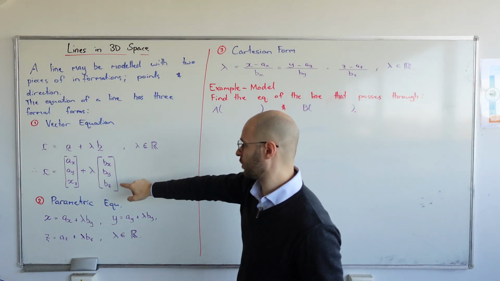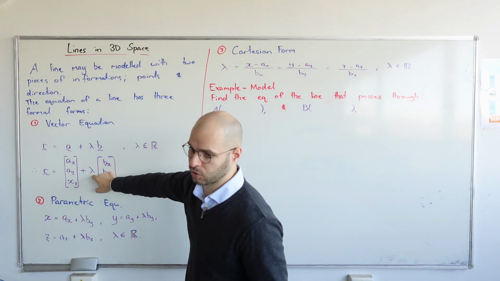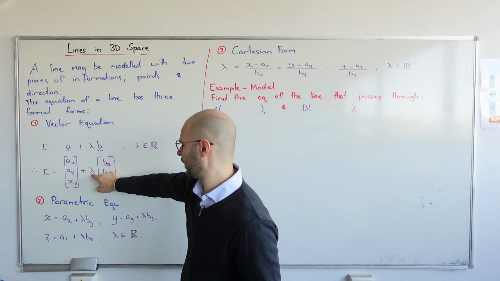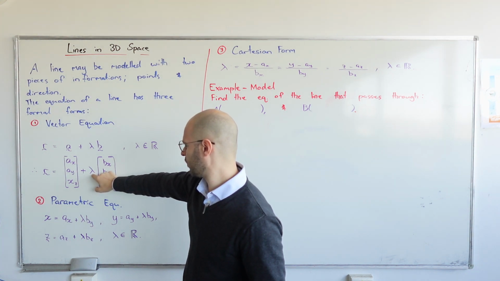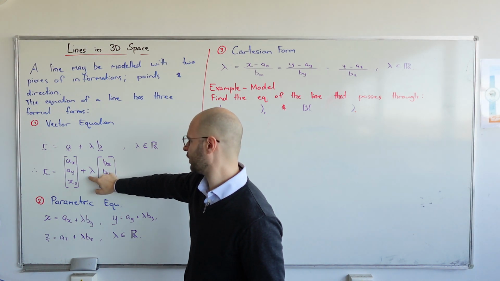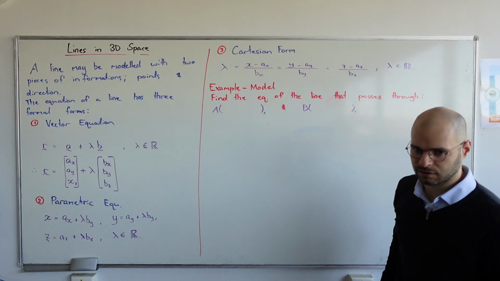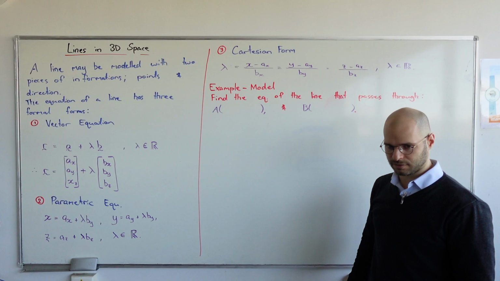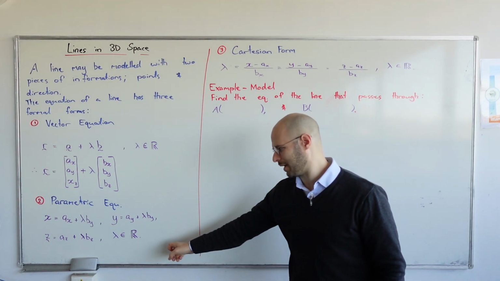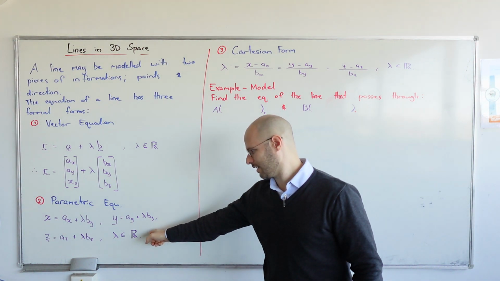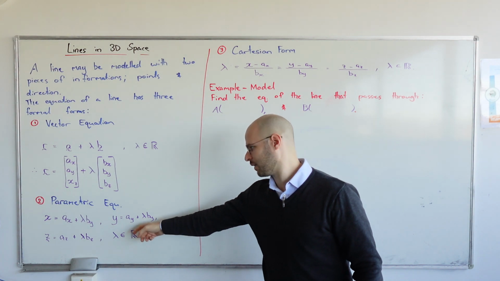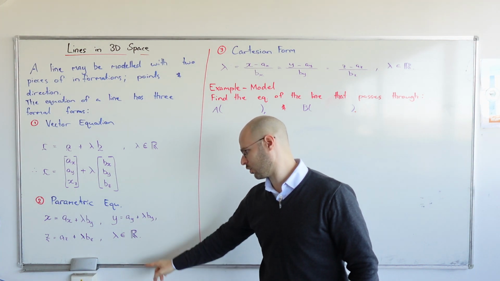So have a look, you've got the lambda over here, which is your constant, or sorry, not your constant, your variable. But have a look at how this guy is related to these ones. What do you notice, Patrick? Let's look at the parametric instead. Think about it. Rearrange each parametric in terms of lambda.